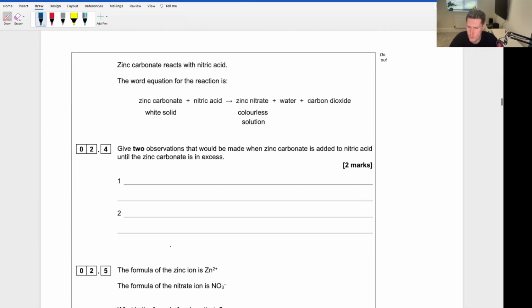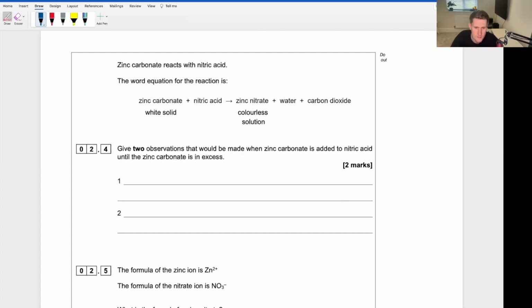Question 2.4. It says zinc carbonate reacts with nitric acid and the word equation for the reaction is given there. Give 2 observations that would be made when zinc carbonate is added to nitric acid until zinc carbonate is in excess. Right, so let's have a look at the equation here. So we start off with a white solid, and when we add the nitric acid, what we get is zinc nitrate, which is a colourless solution, water and carbon dioxide.